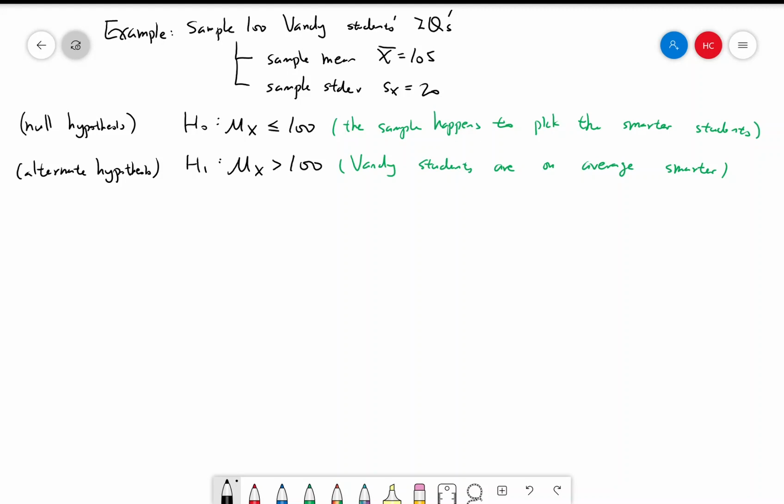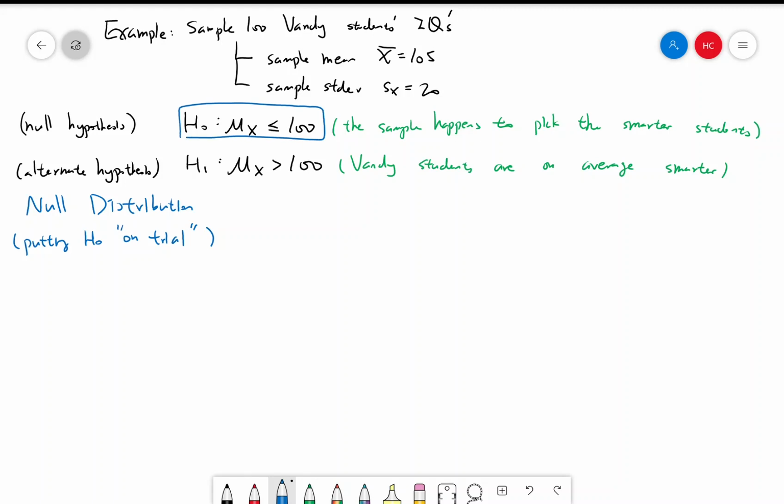So we want to decide which hypothesis is more believable. What we do next is construct what's called a null distribution. Essentially, we're putting the null hypothesis on trial. Because the sample size is 100, which is greater than 30, the central limit theorem applies.